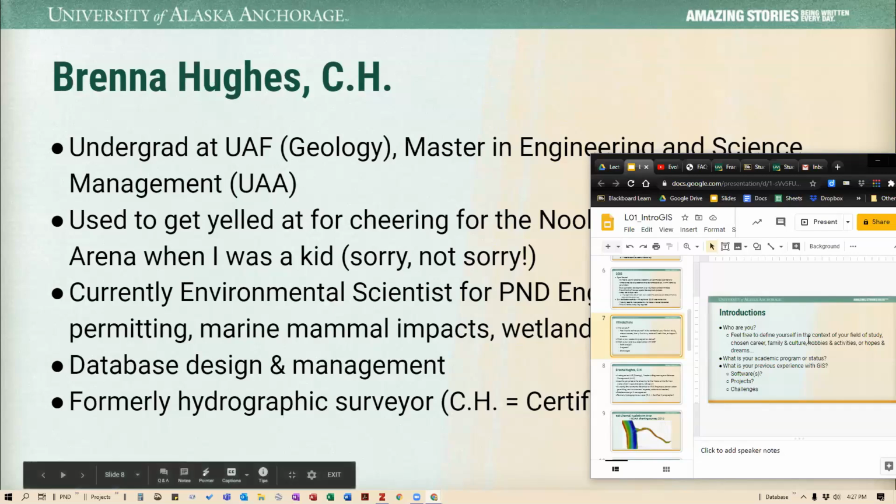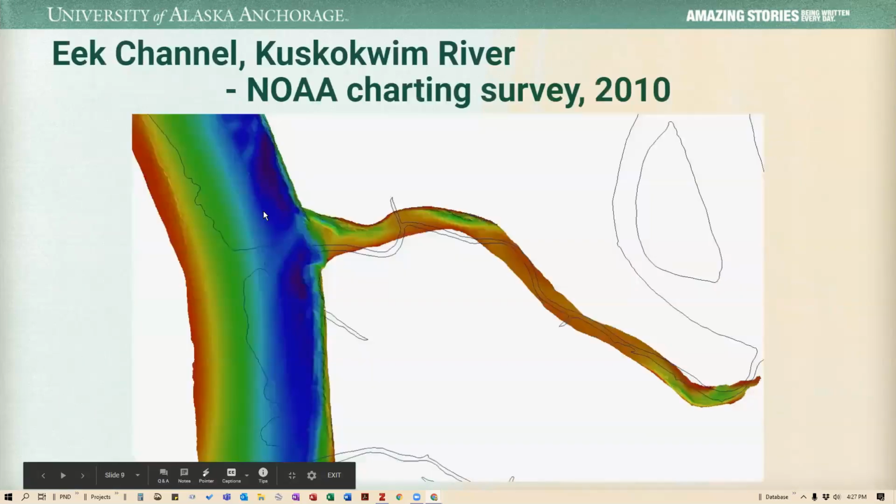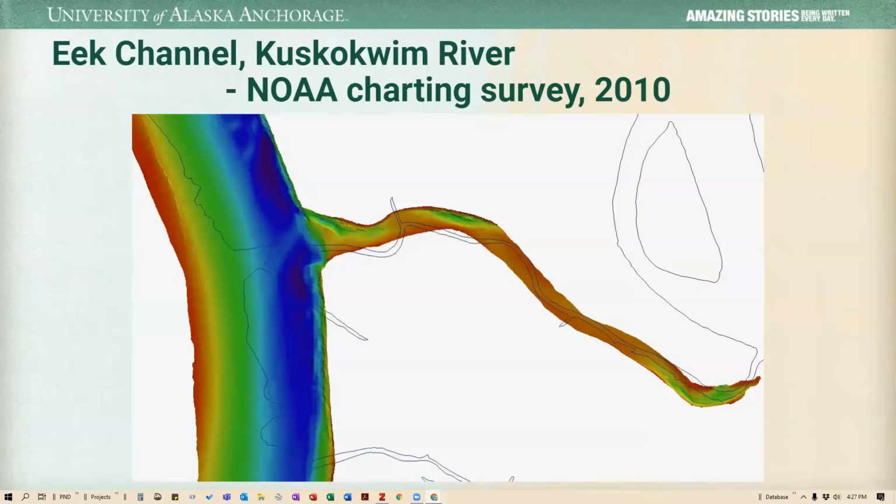Oh, let me give you a couple of pretty examples. This is one of my first nautical charting surveys. This is an ugly little scratch image that we made up to share with the village of Eek while we were charting the Kuskokwim River near Bethel. We'd spent some bad storm days hiding in this little side channel.